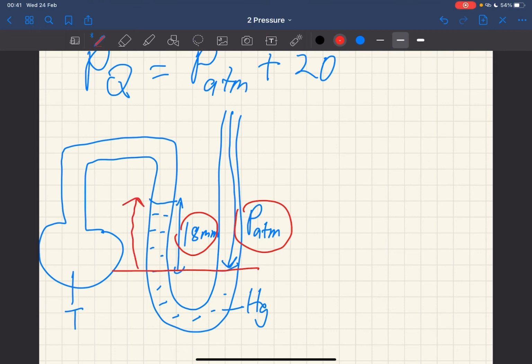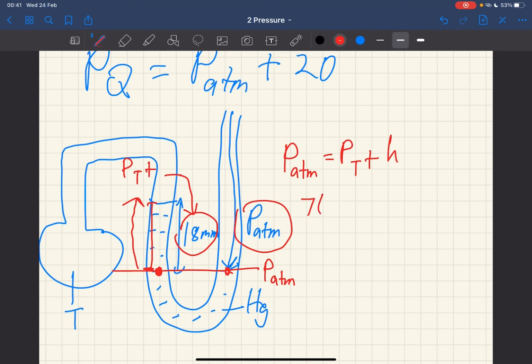So when ATM is stronger, that means the pressure here equals to ATM, while here equals to pressure of gas T plus height, because it has height here. So we can rewrite PATM equals to pressure of gas T plus height.